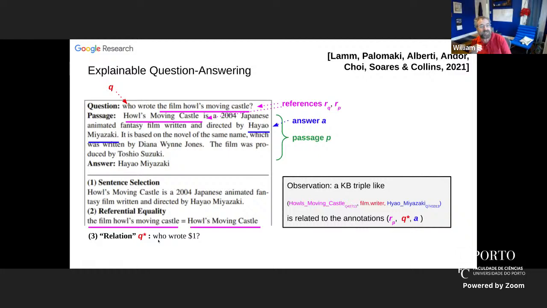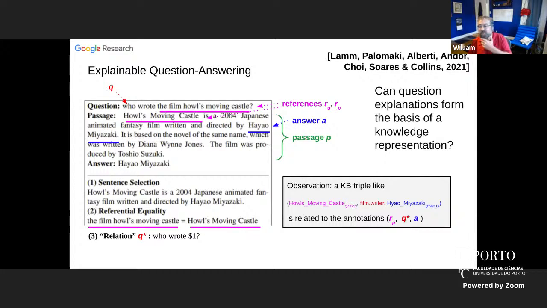The relationship is described not by a statement but by the question: who wrote Howl's Moving Castle? So this is really a lot like a knowledge-base triple, where you've got an abstract version of the question to summarize the relation, the passage reference, and the answer as subject and object entities.